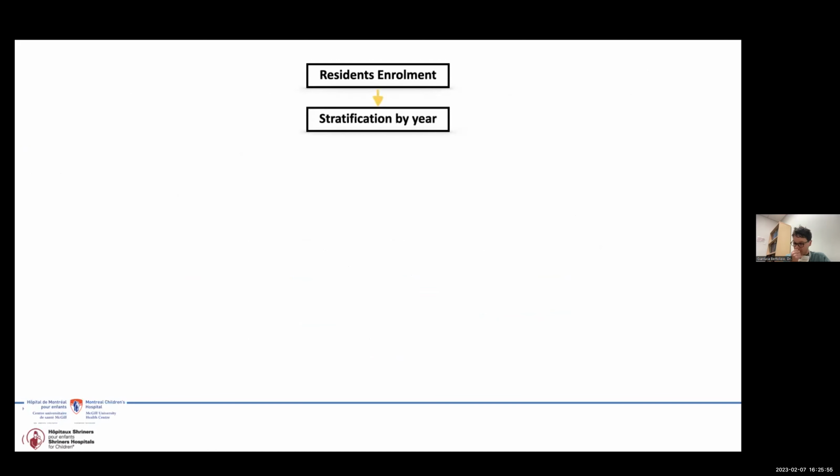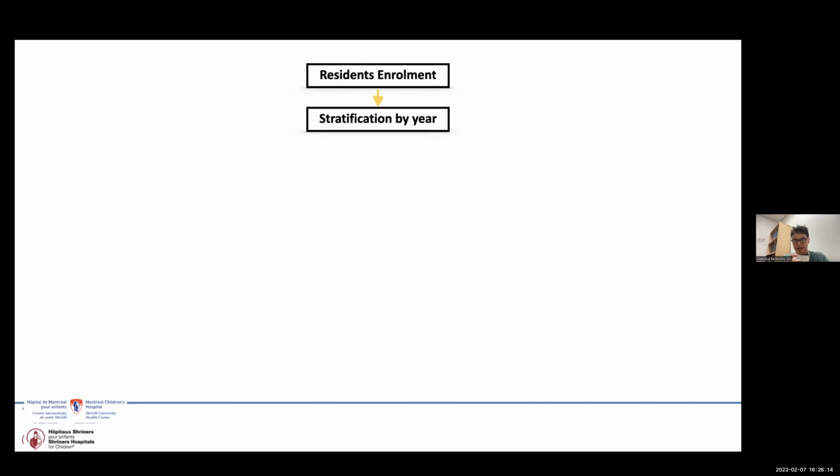So what I designed is a comparative non-inferiority study, and I'm planning to enroll residents in anesthesia. They will be stratified.